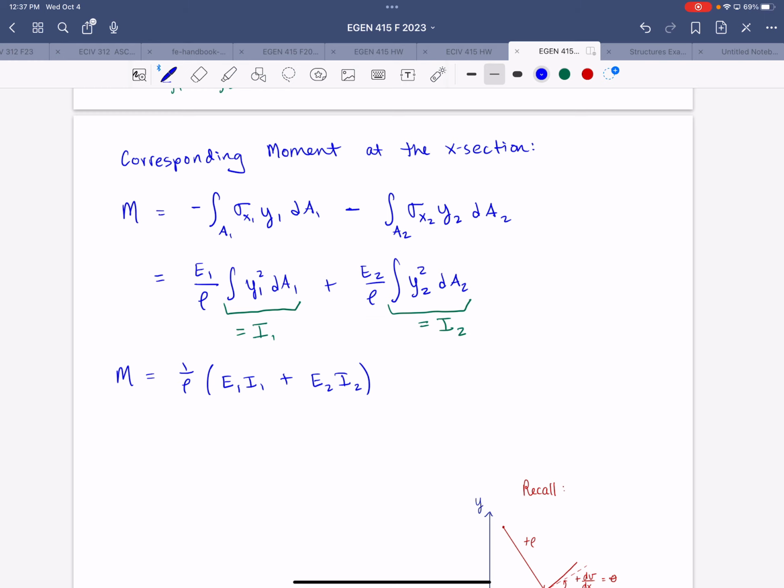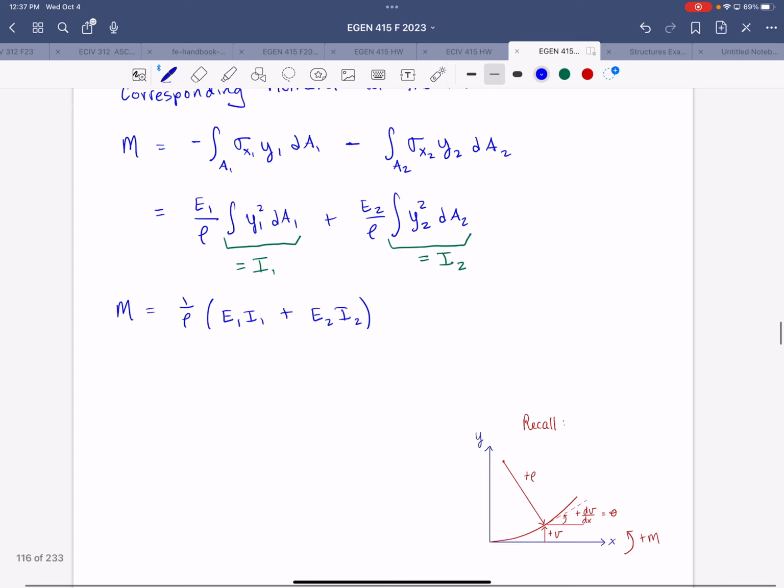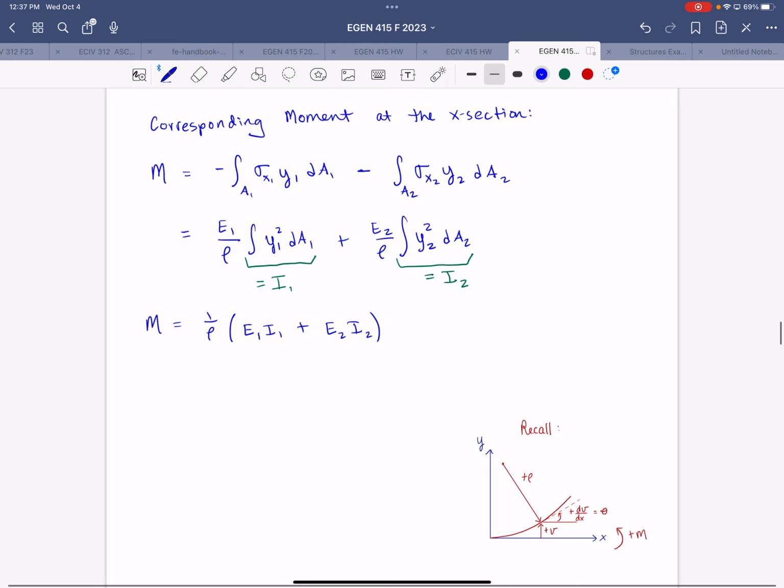And then if we substitute 1 over rho, we're substituting this term for 1 over rho, and we're also substituting the equivalent for area 2.